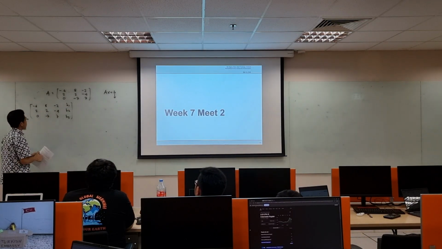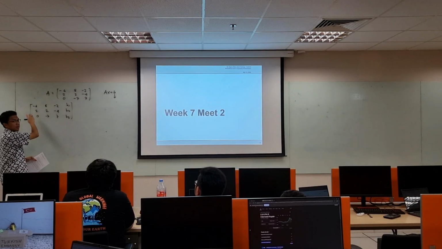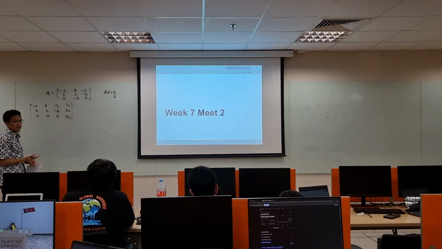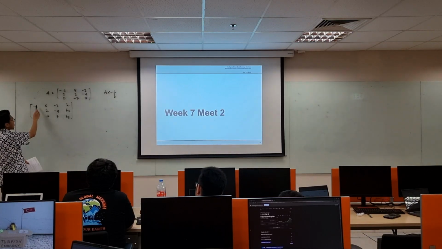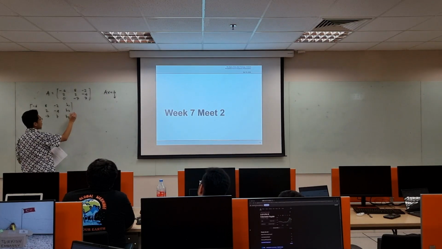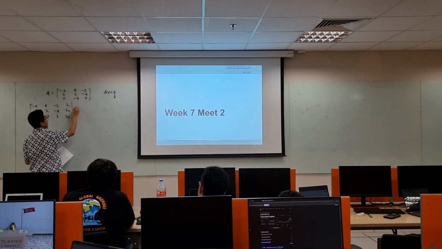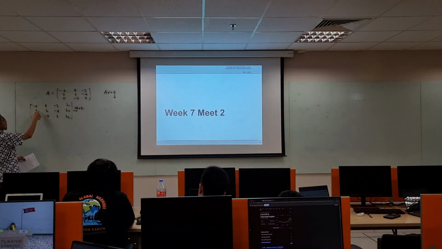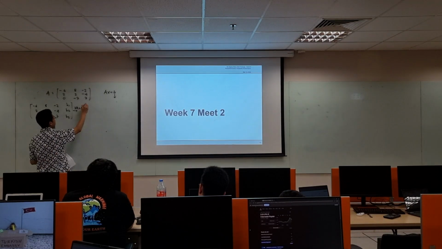Then you remove the second row. You make this to be 0 by using the first element here as the pivot. This is called the pivot because we want to eliminate 2 by using 6. So we write down 3R2 plus R1, so that we can remove this number to 0.